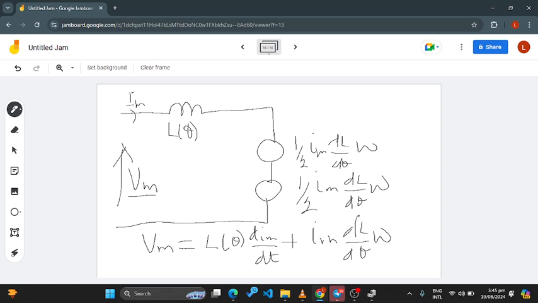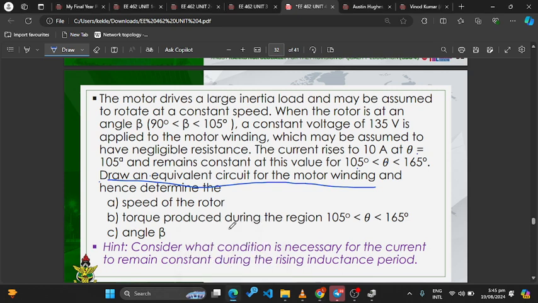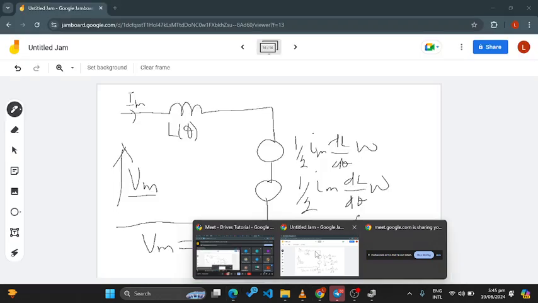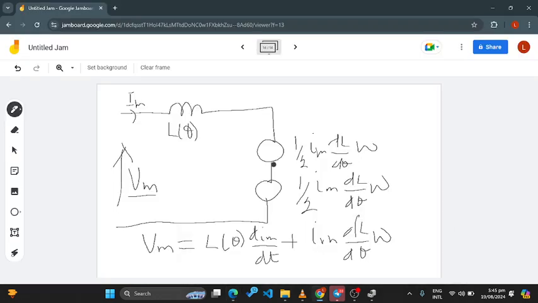Now let's look at something. Let me go back to the question. The speed of the rotor, the torque producing during this region. So we are finding the speed of the motor. Then what do we have to do next? Do we know L of theta? No, we don't know L of theta. We have dIm dt.